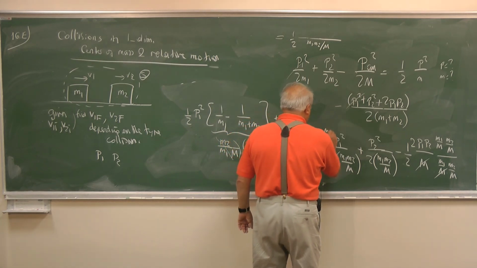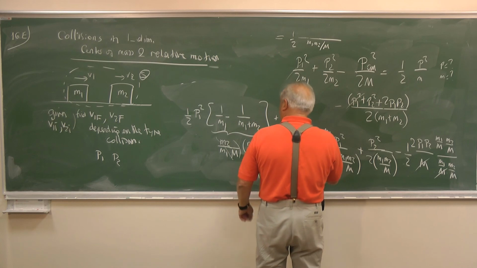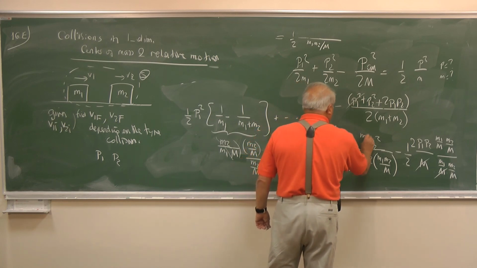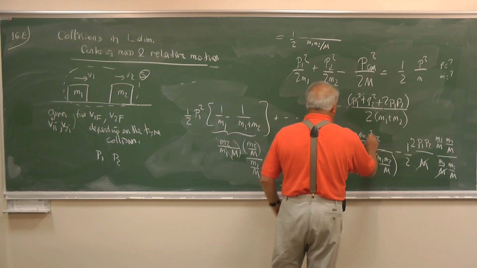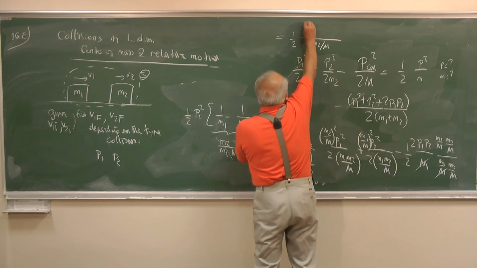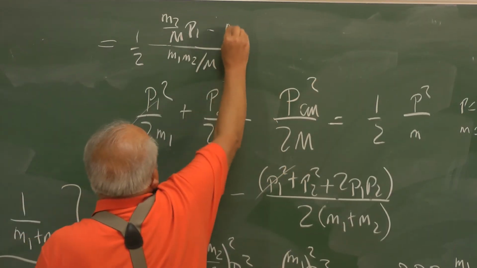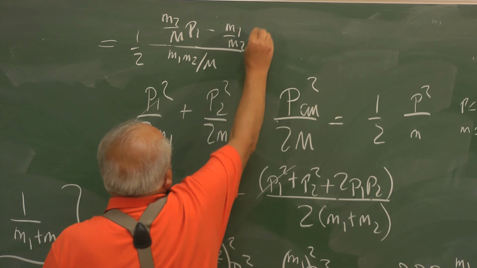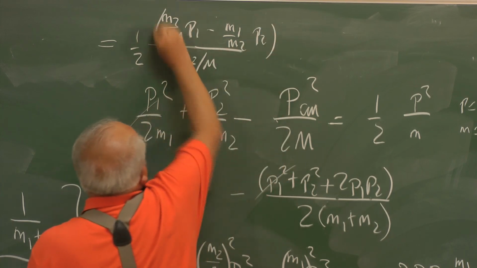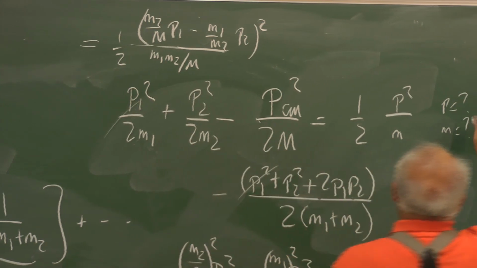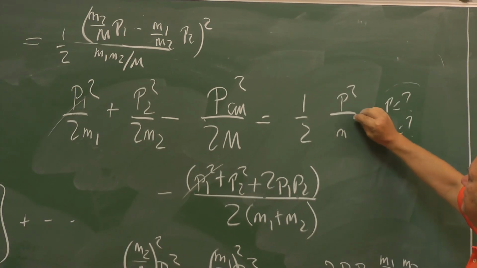I should put here M2 over M square, 1 over M square. So it is M2 over M P1 minus M1 over M P2 square. So you see, this is indeed coming out in this form.